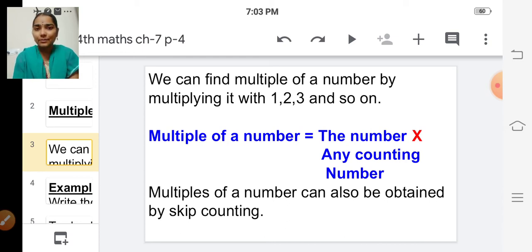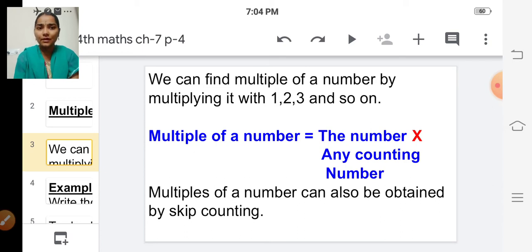To find the multiple of a given number, we have to multiply that number with any counting number, that is 1, 2, 3 and so on.